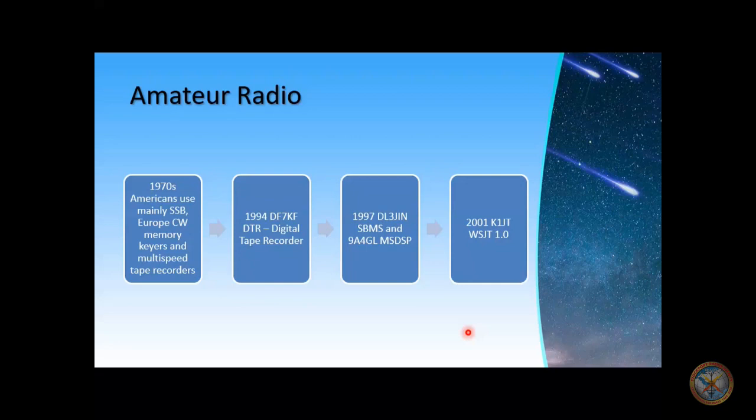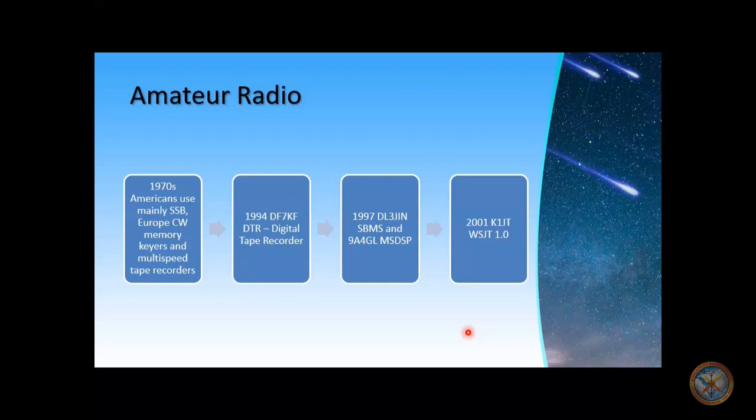And then in 2001, we all know K1JT. He came out with WSJT version 1, and that brought FSK441, a new mode used for meteor scatter.